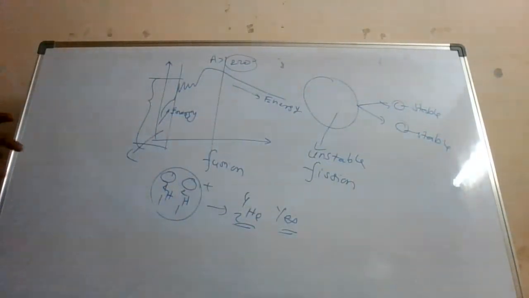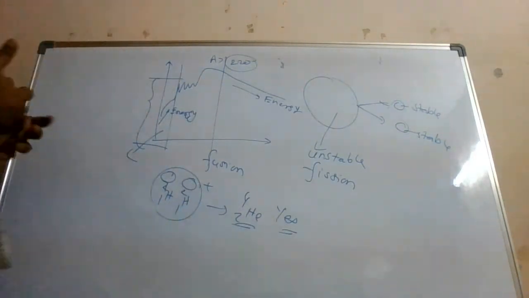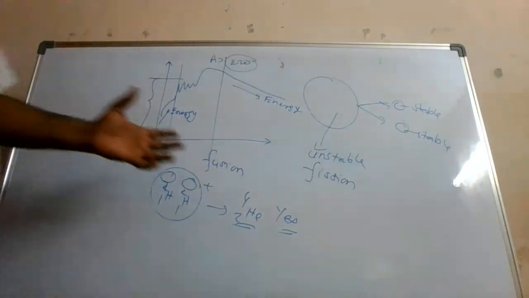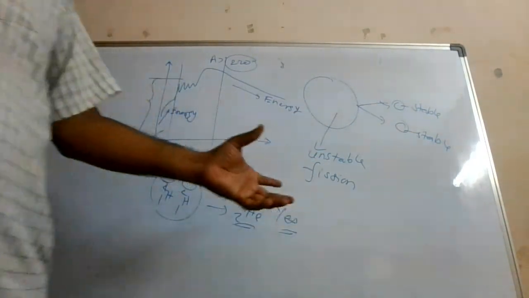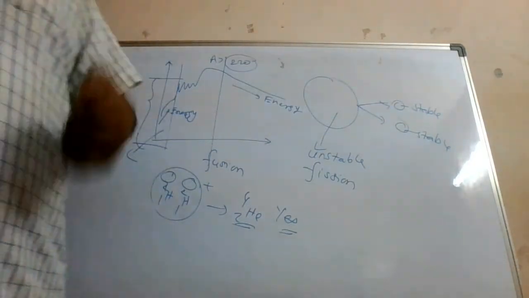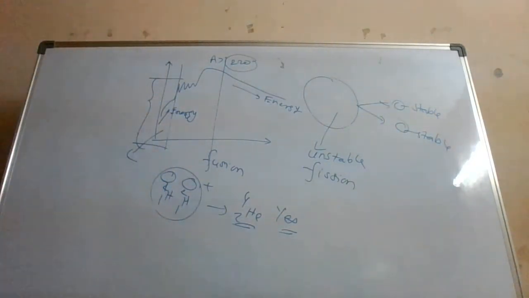So there is a big process involved in that. It releases a lot of energy, and mankind can use that energy for generation of electricity and many other things. It produces a tremendous amount of energy. Remember, one atomic mass unit gives you 932 million electron volts, and it is only one atomic mass unit. Imagine for 1 gram, how much energy can be produced.